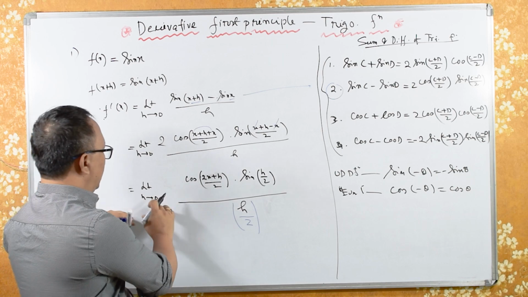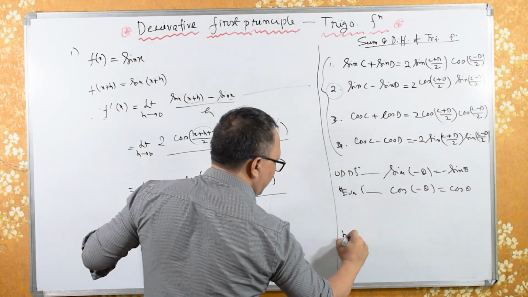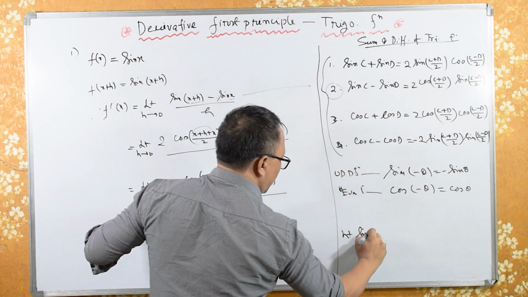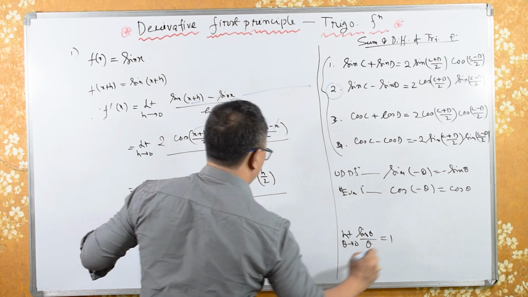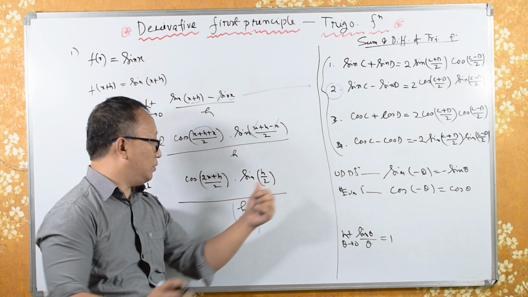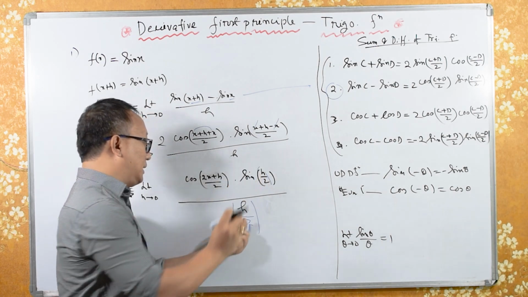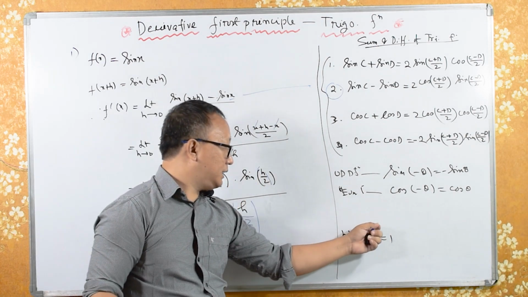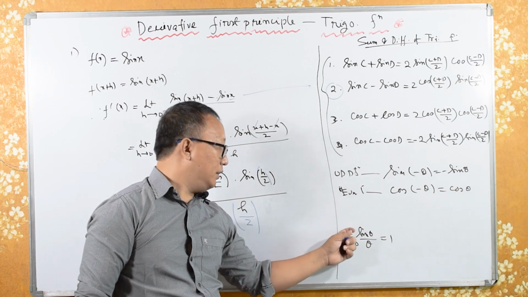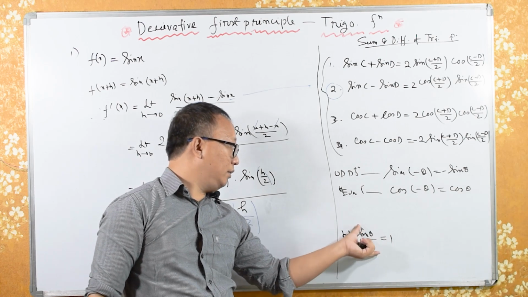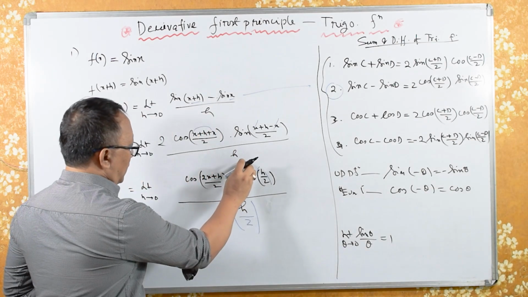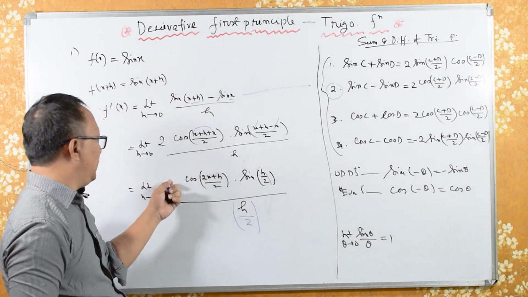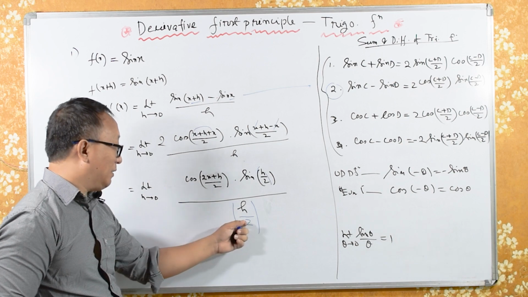Why? Because we have the limit of sin θ upon θ, where θ tends to 0, is 1. This angle h by 2 should be the same as the angle in the denominator, then as θ tends to 0 this whole function becomes 1. Therefore, in order to have h by 2, I bring the 2 down here.